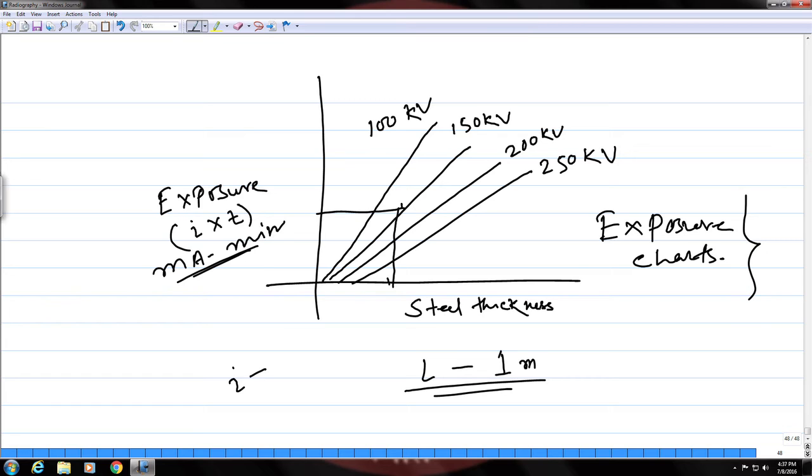Okay. So, this is done for steel, but this has to be obtained for other materials also, and you may or may not have this kind of plots for all the materials, but what you can have for convenience is this conversion of steel to any other material thickness. So, you can convert any material thickness to an equivalent steel thickness.